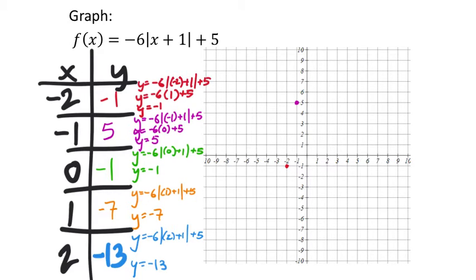And we've got 0, -1 right here. And then 1, -7. And that's all I could fit. Now remember, this creates a bit of a reflection for us. I can't fit 2, -13, although we could visualize it way down here. So the point where this starts to reflect is right here, this purple point.